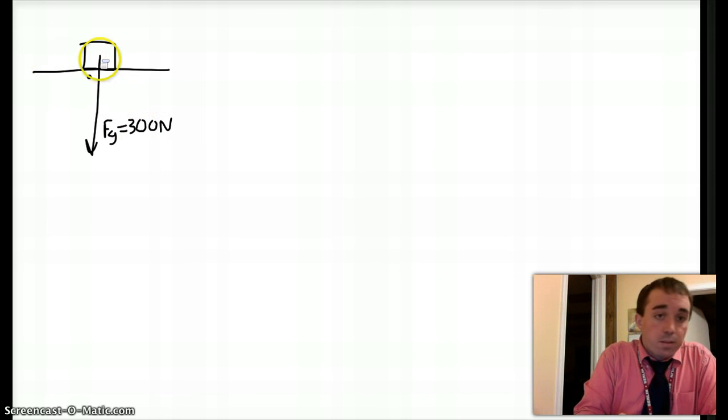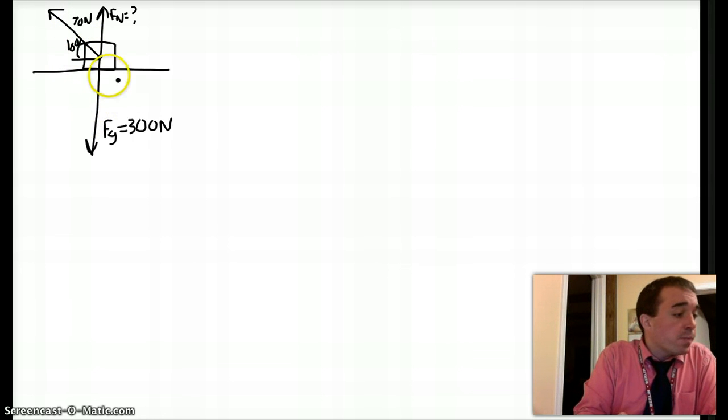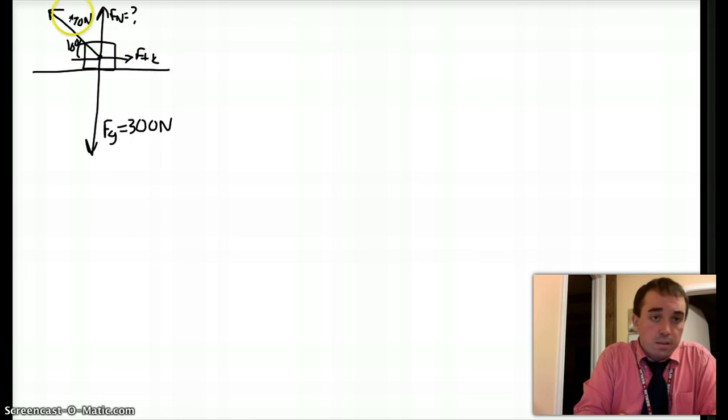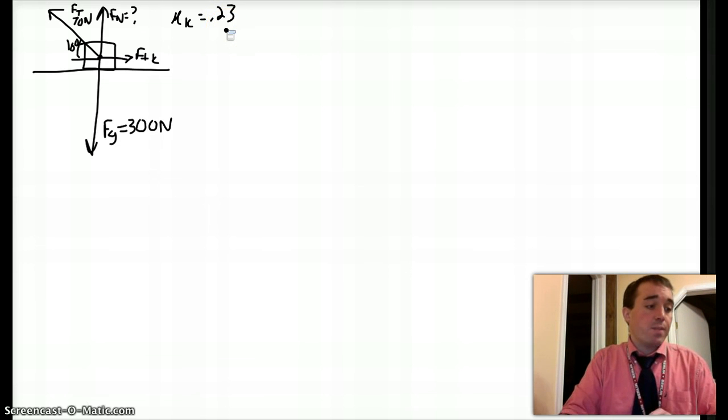You have a normal force you're trying to find. You have an up and over force where it's 16 degrees at 70 newtons. Looking for FFK. This is a tension force, FT. And we know that mu k equals 0.23. Alright, so we have to find Fn, FFK, and the acceleration.